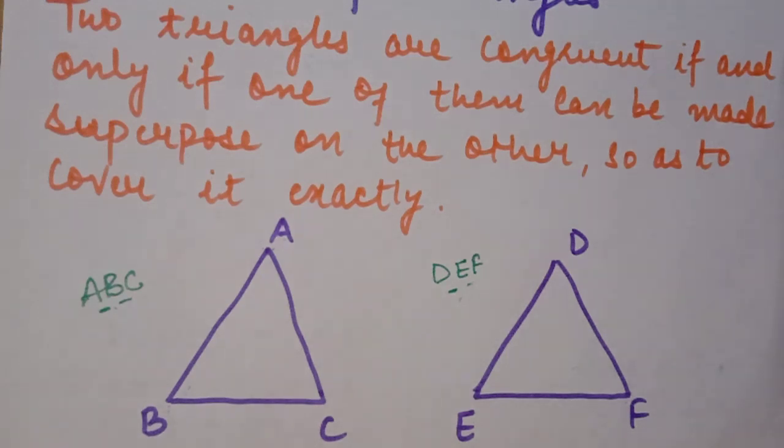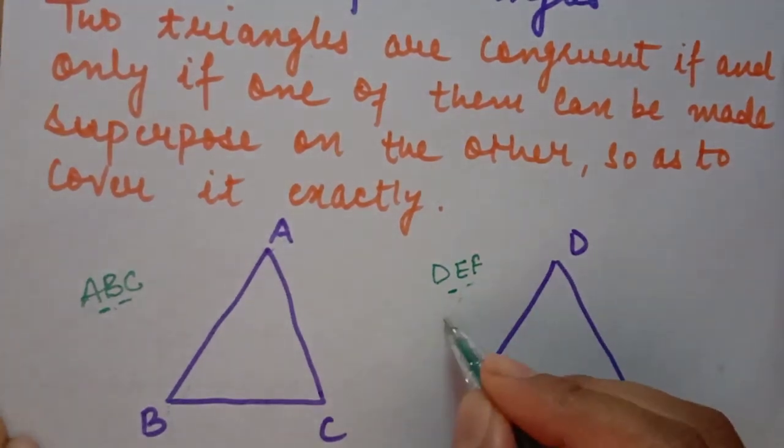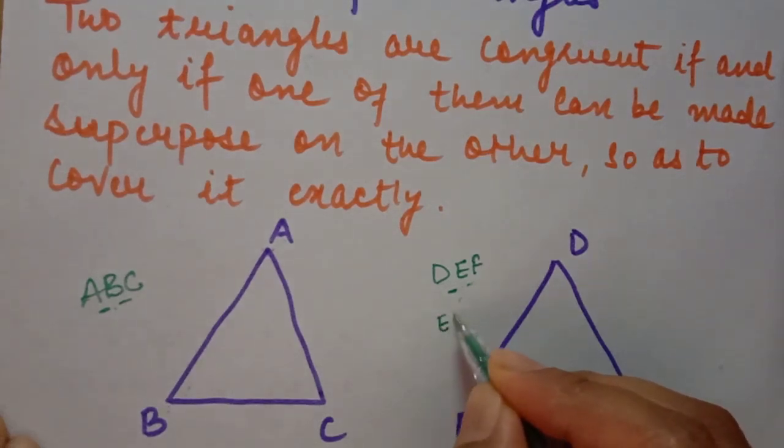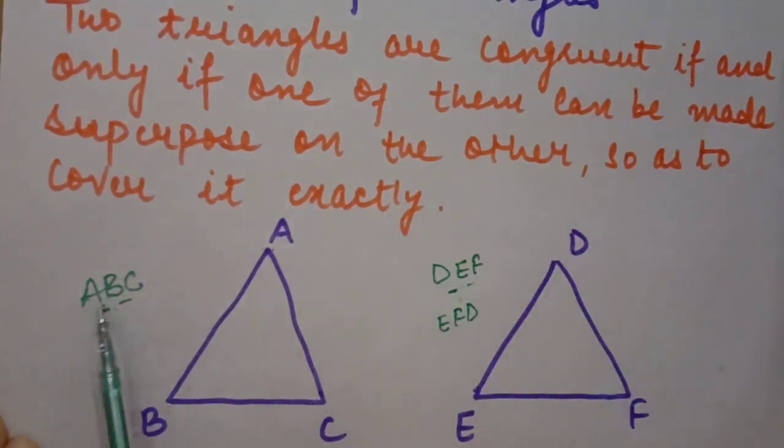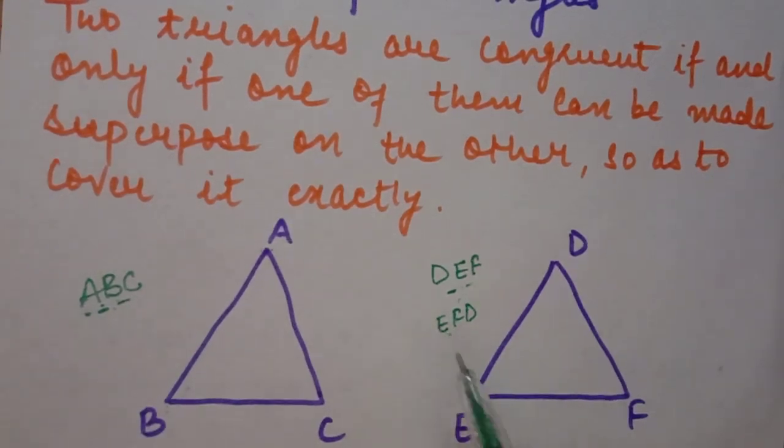If we change the name to EFD, then the first side is AB and here we have EF. So it depends on the triangle's name, what is given and what we are going to prove. We only take corresponding parts. In this triangle, AB corresponds to DE, AC corresponds to DF, BC corresponds to EF. So we have to put them equal to each other.